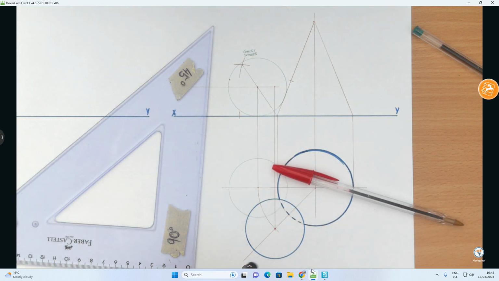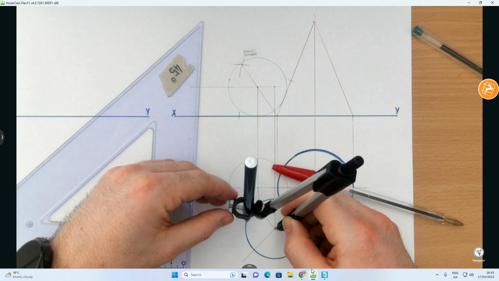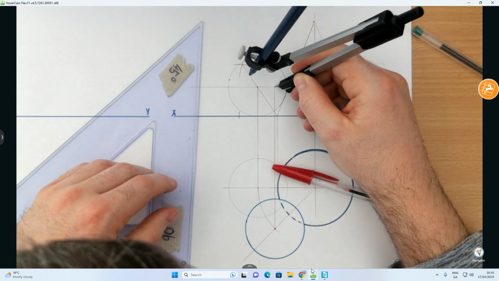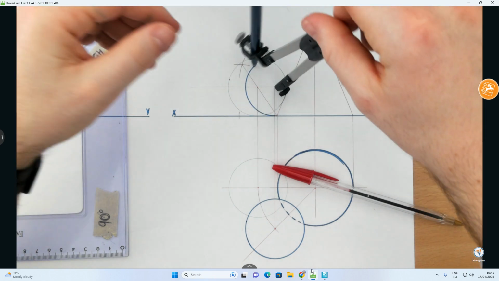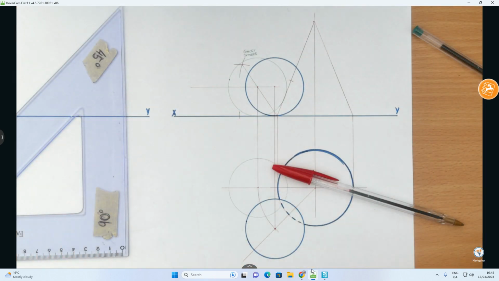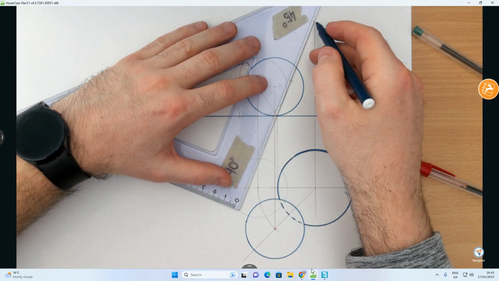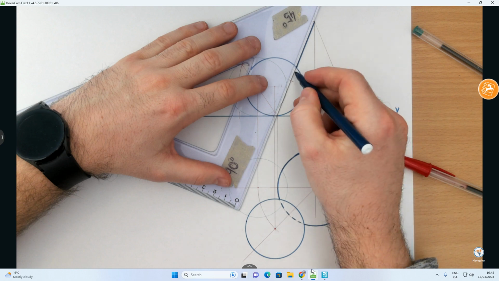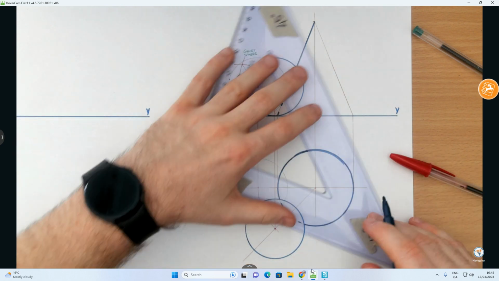So once again, getting your compass, using the same radius, I take my radius from here, using my correct center point now. Once again, it's overlapping it. Draw that in and heavy in my cone.